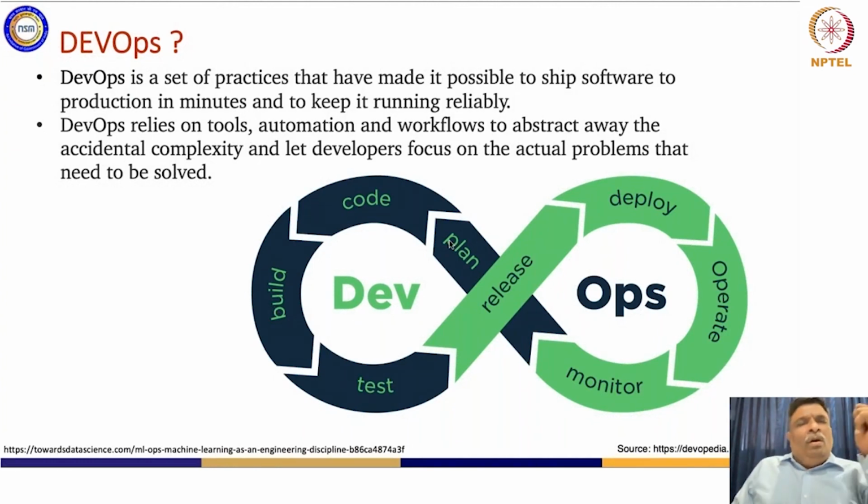Now DevOps is going to help us coordinate between these two phases, and it is going to rely on tools, automation and workflows to abstract away the accidental complexity.